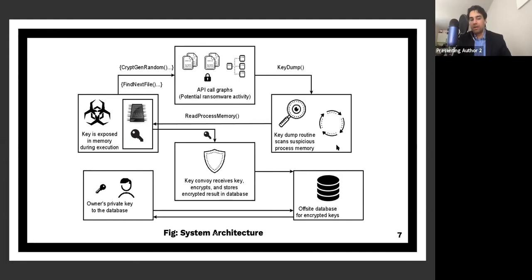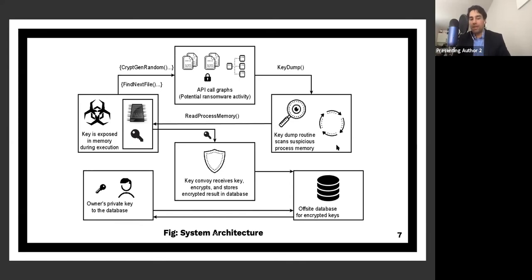So there's a pre-established key pair that the owner uses in order to secure this whole system in the beginning. At the time of installation, the owner has a private key to the database, and the public key pertaining to this will be used to encrypt every key that is being discovered and transported for offsite storage in the event of a ransomware attack.